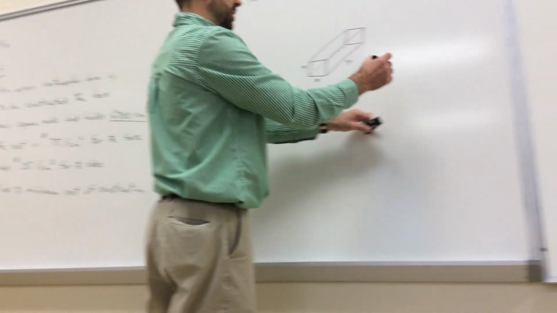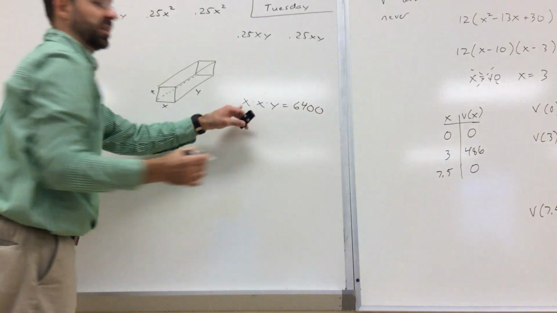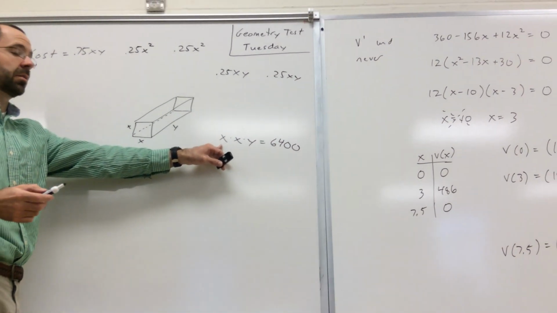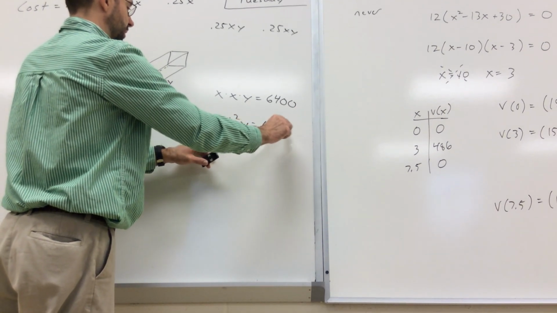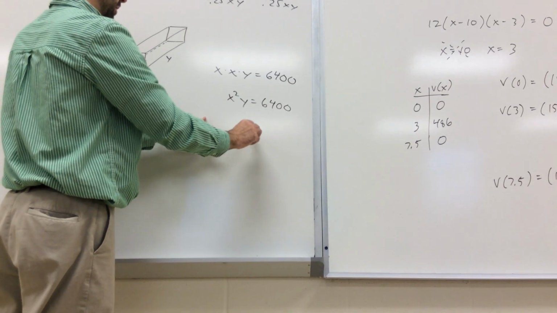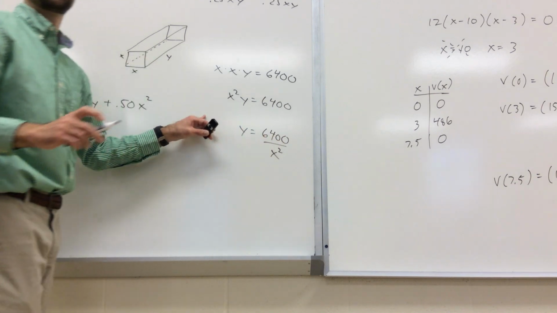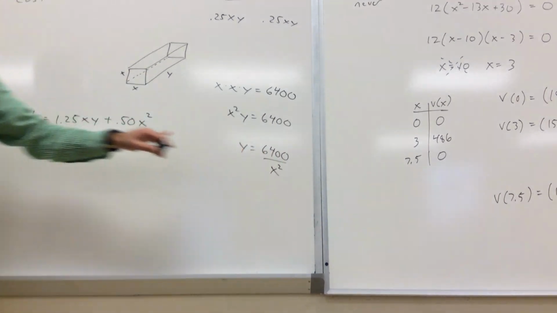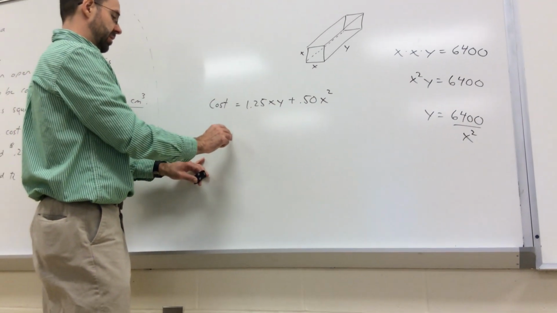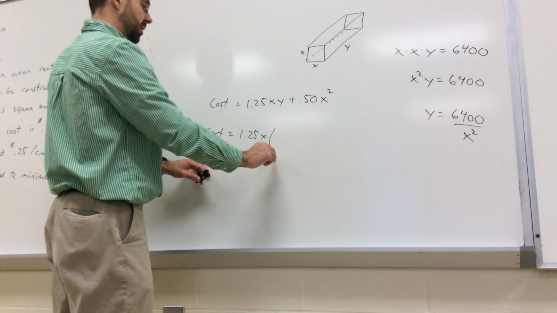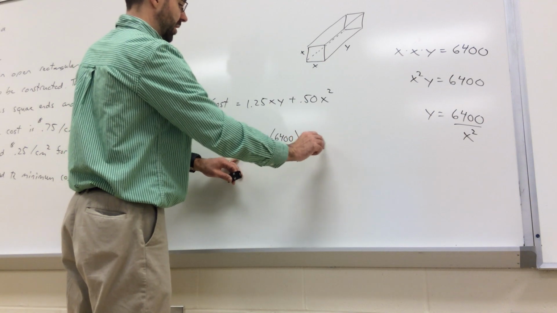So the volume of this box is x squared times y, which is 6,400. So x squared times y equals 6,400, and then divide. So then you can take that and plug it in over here for y. So my cost equation is 1.25x times 6,400 over x squared plus 0.5 times x squared.